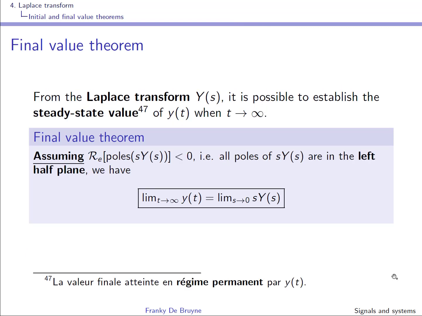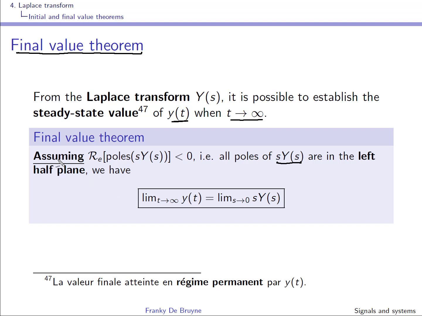So similarly, it's possible to obtain the steady state value of y of t, that is the value of y of t when t tends to infinity. Okay, and you can obtain this without taking the inverse Laplace transform of Y of s, and you do this using the final value theorem. Again, there are assumptions, and the assumptions are that the poles of sY(s) are to the left of the imaginary axis, so all poles of sY(s) are in the left half plane.